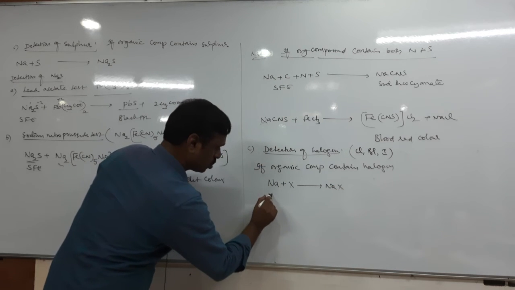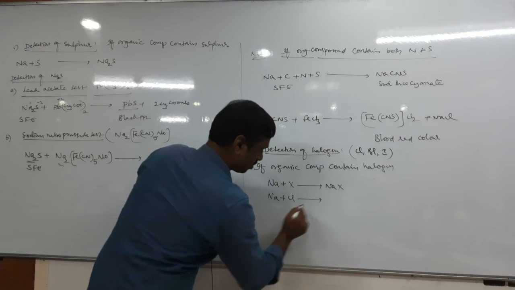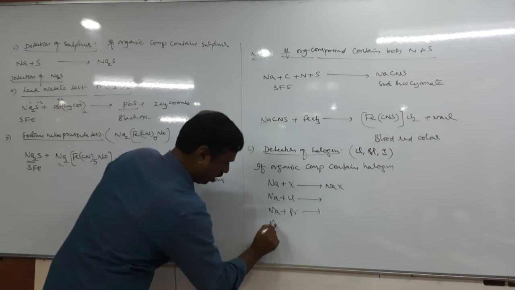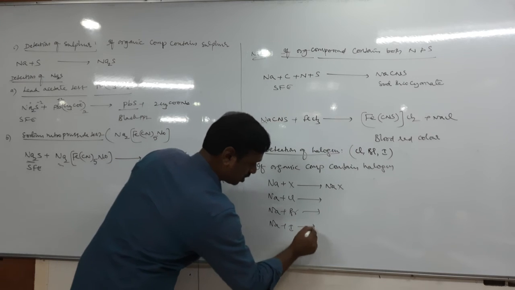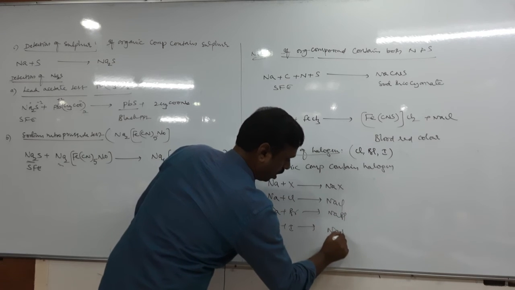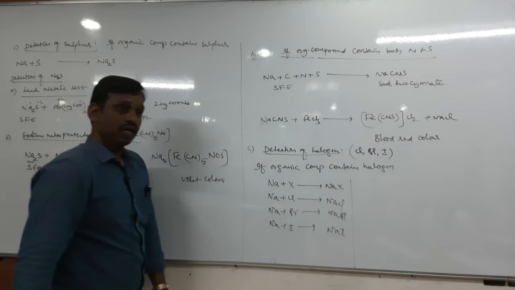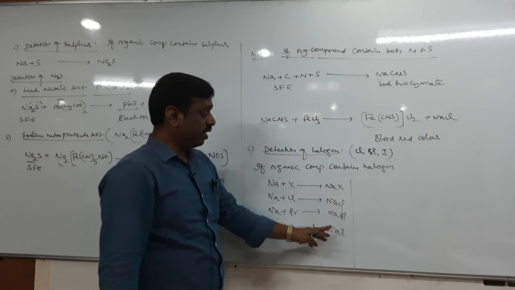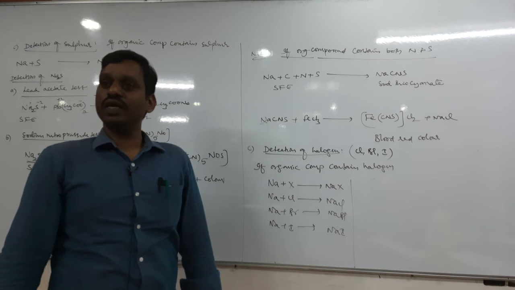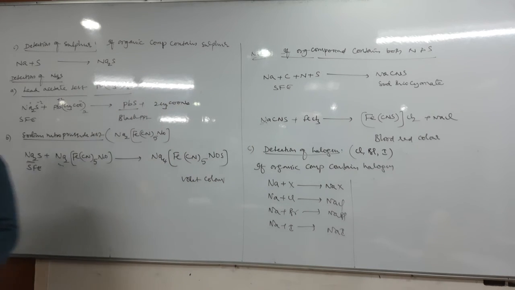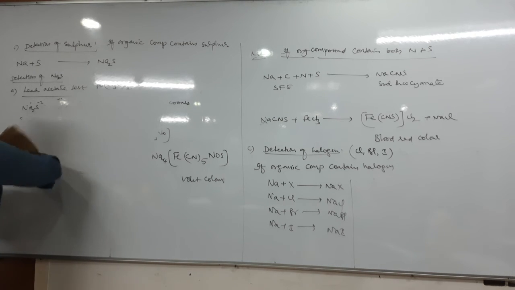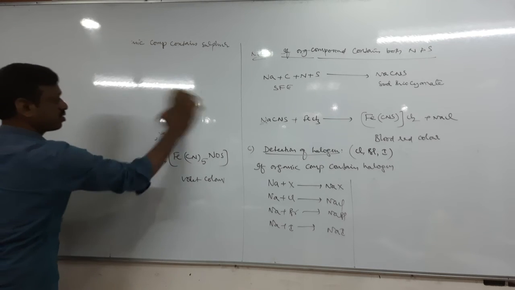For example, sodium is added, if chlorine is present, if bromine is present, if iodine is present, NaCl, NaBr, NaI will be formed. Now the task is how to identify NaCl, NaBr, NaI. Very simple test, the silver nitrate test, AgNO3 test.